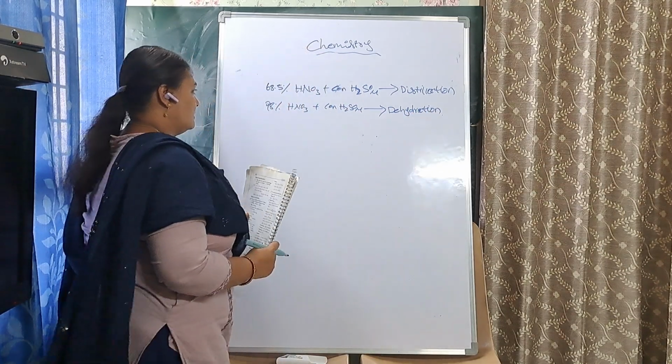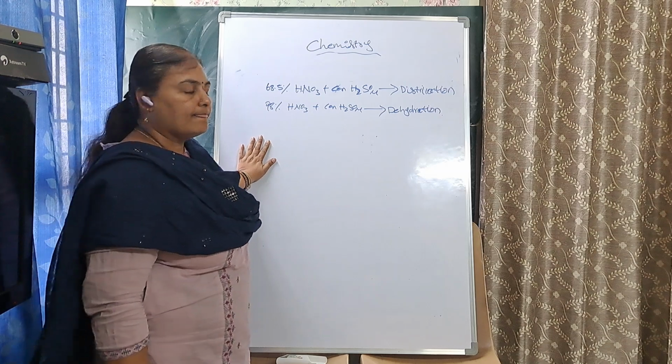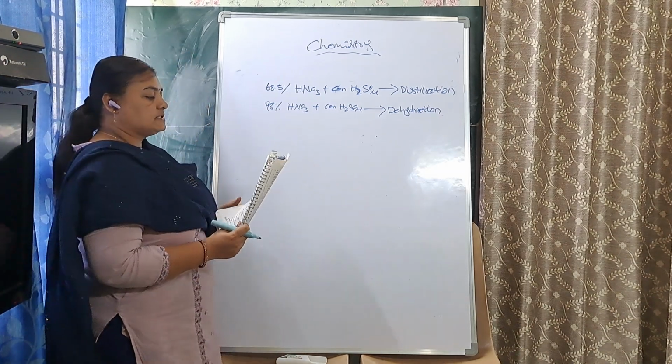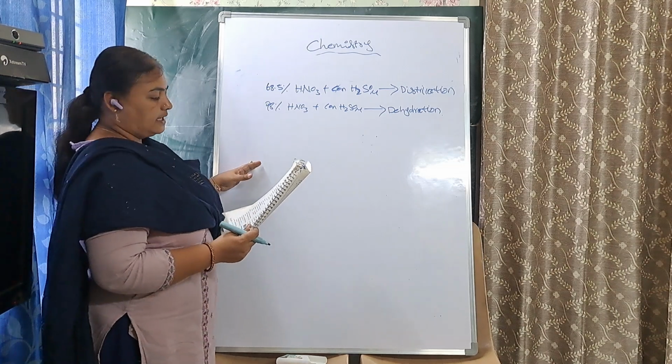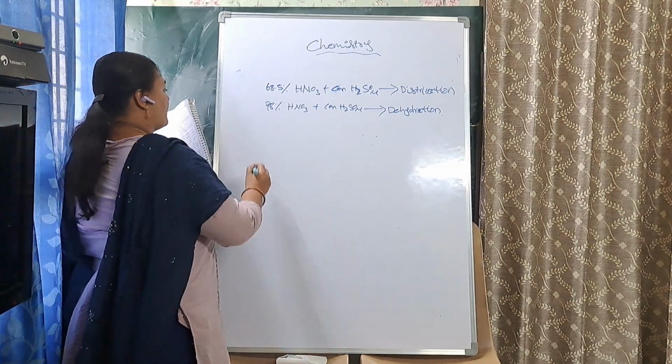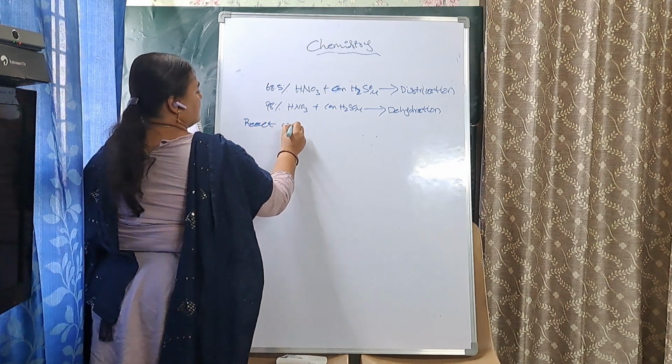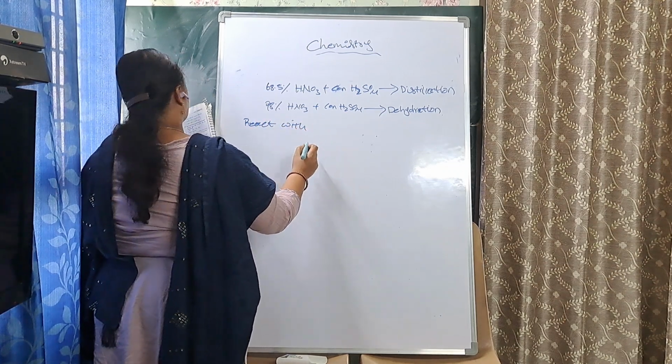Okay, so these are nitric acid preparation and some reactions also. Where nitric acid reacts with copper, what happened?